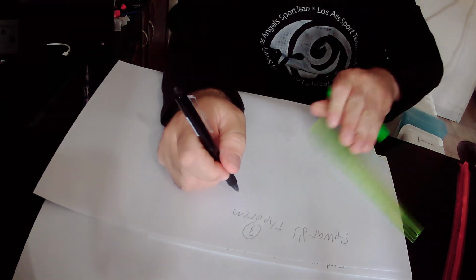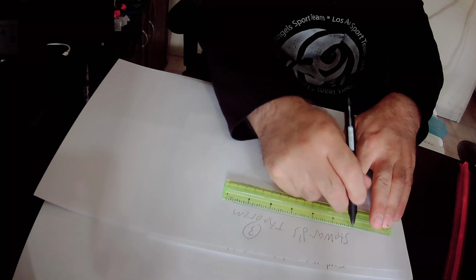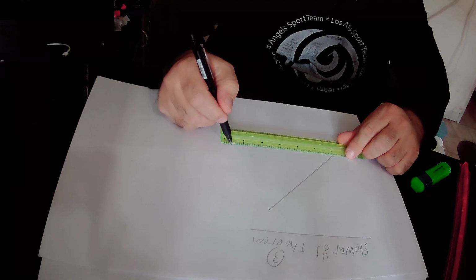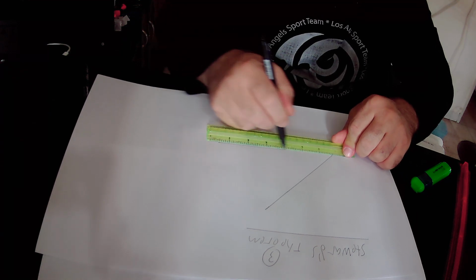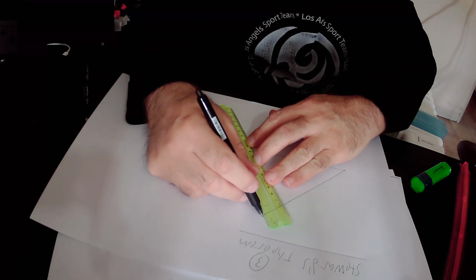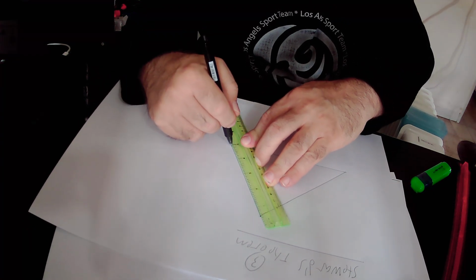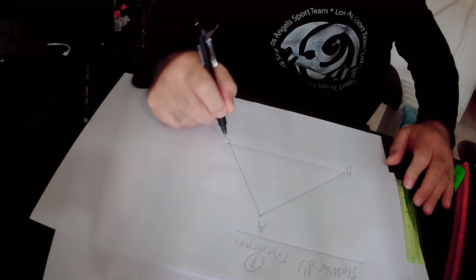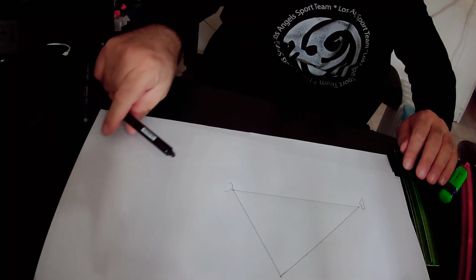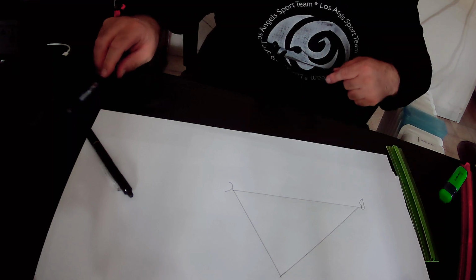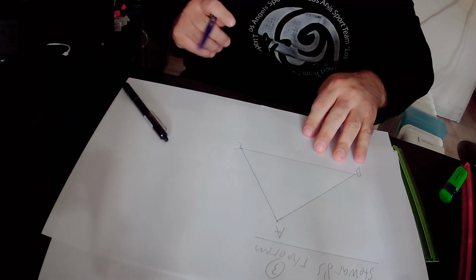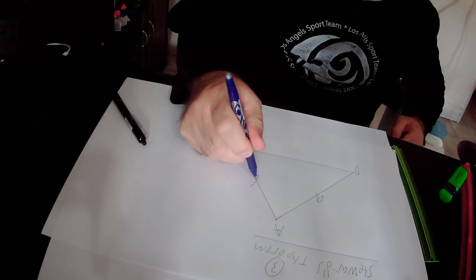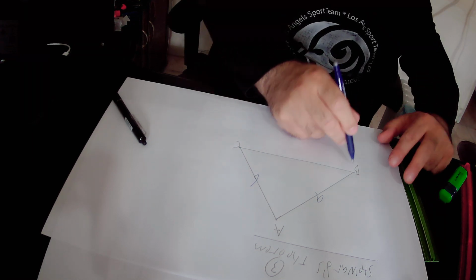So the triangle that I will draw could be any triangle. So this is triangle ABC. That could be any triangle. We know that the length of side AB is equal to a units, side AC equals b units in its length, and finally side BC equals c units in its length.